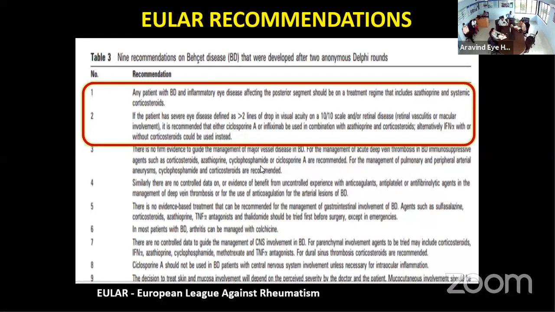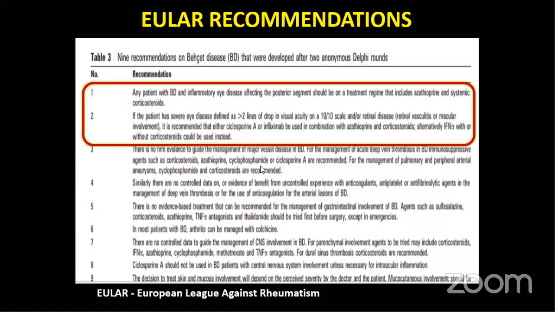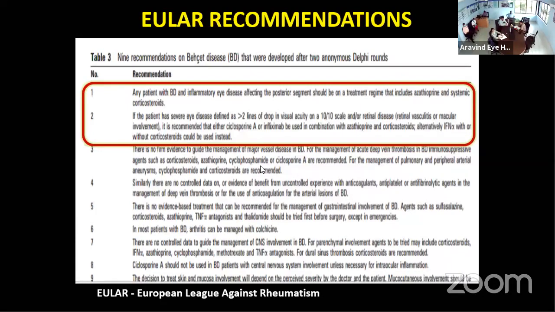Recommendation number two: whenever there is a drop in vision with retinal vasculitis or macular involvement, it is recommended that either cyclosporine or infliximab be used in combination with the above two drugs. That means if there is a vision drop, you also need to add infliximab or cyclosporine.